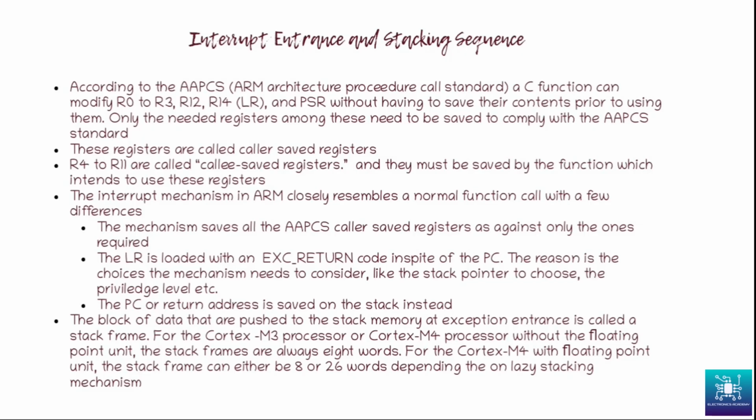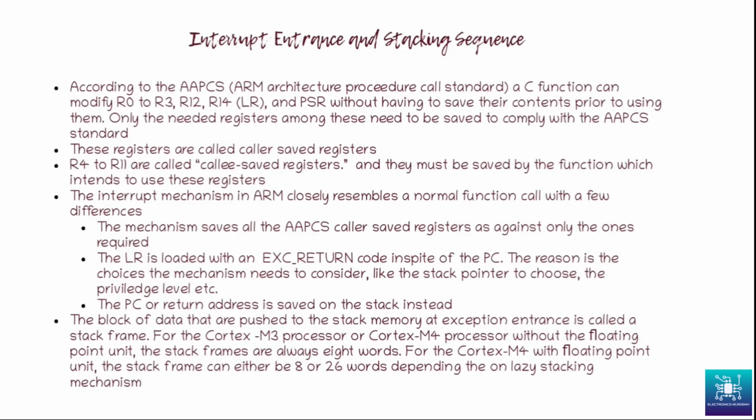Now the reason is the interrupt needs to consider a lot of factors, because as we know, the interrupt can get into privileged mode, it can get into unprivileged mode in thread, and there are a few other things that need to be considered. For example, whether the floating point registers were used, so the stacking will be different, and so on.